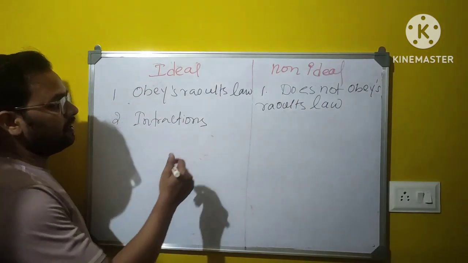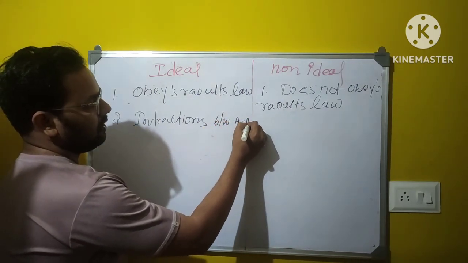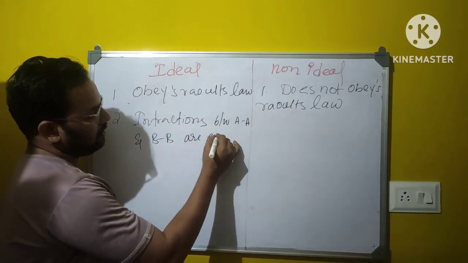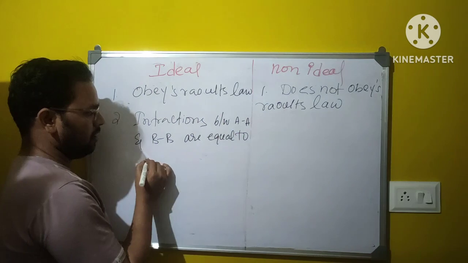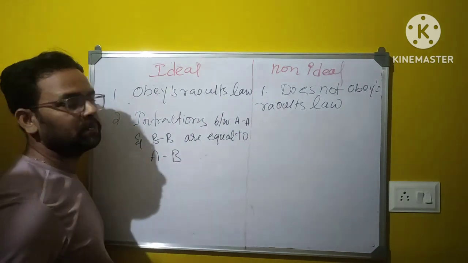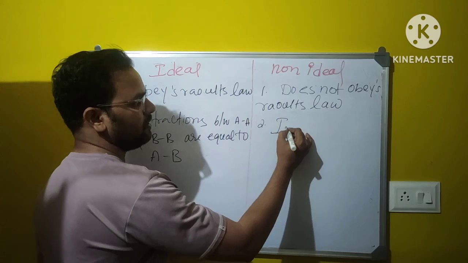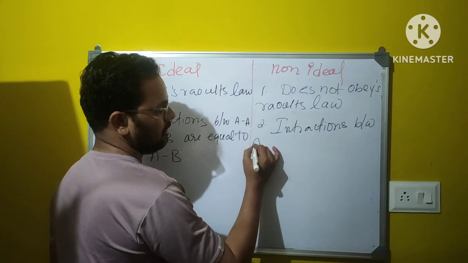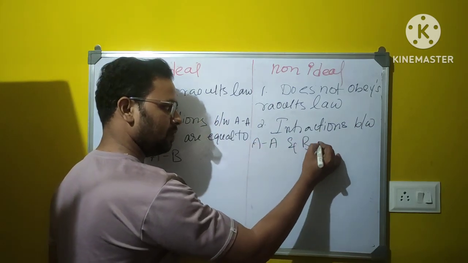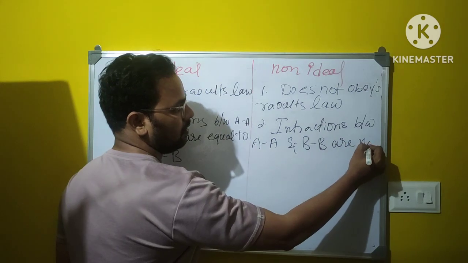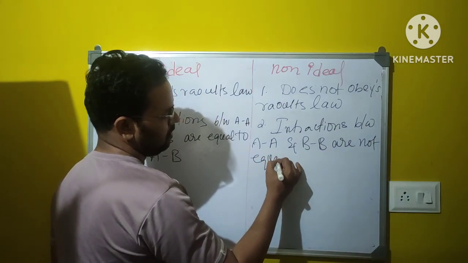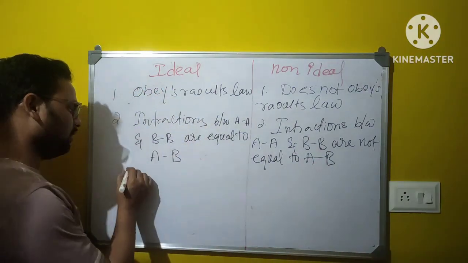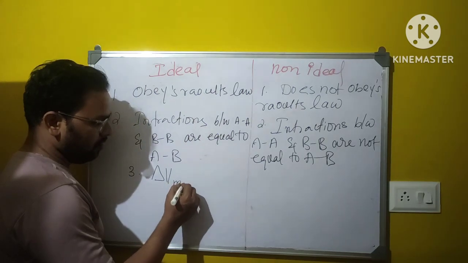Second point: in an ideal solution, interactions between A and A particles and B and B particles are equal to interactions between A and B. In a non-ideal solution, interactions between A and A particles and B and B particles are not equal to interactions between A and B. Third, change in volume on mixing.